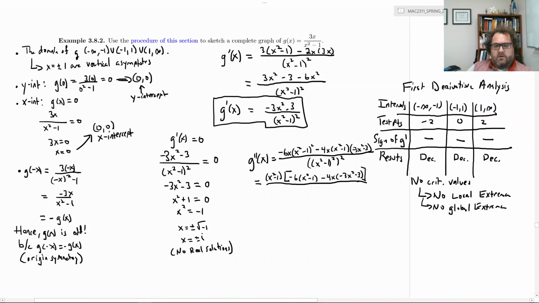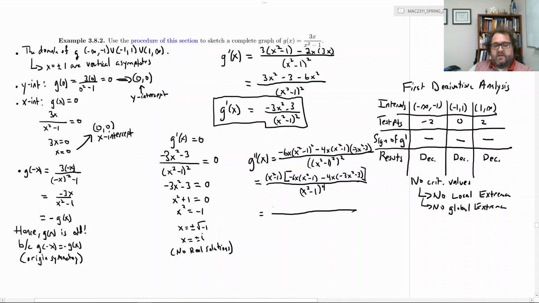Let me double check that. Factor out an x squared minus 1, so I had negative 6 left over. Oh, good thing I checked it. Negative 6x left over, negative 6x times x squared minus 1, because we factored one copy out. Then we have negative 4x times negative 3x squared minus 3, over x squared minus 1 squared, which is the 4th power.